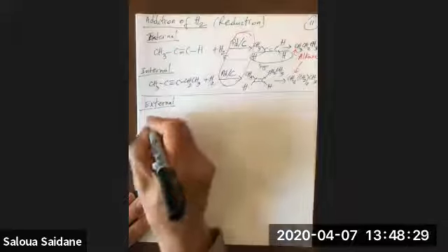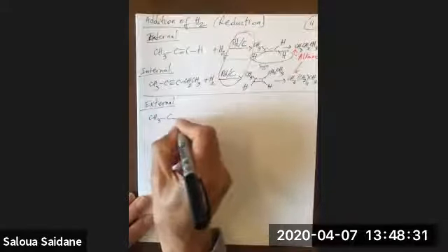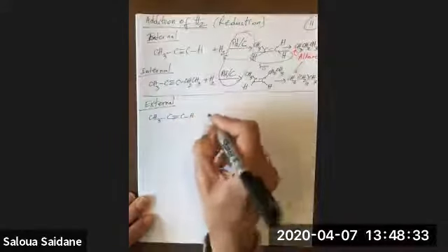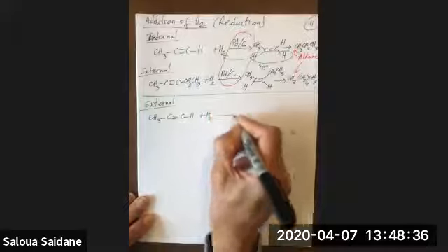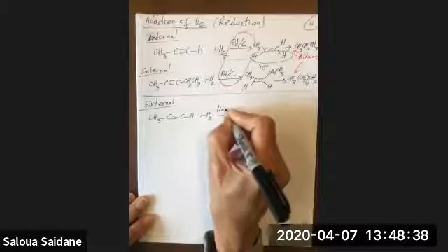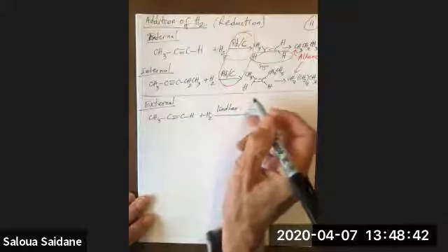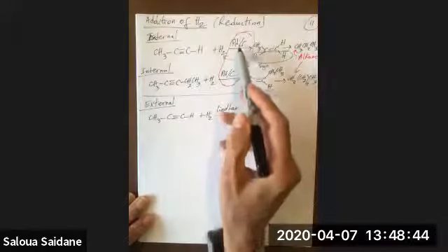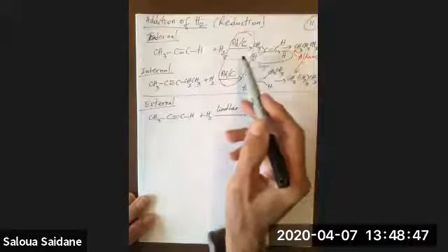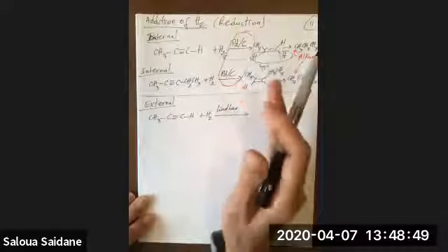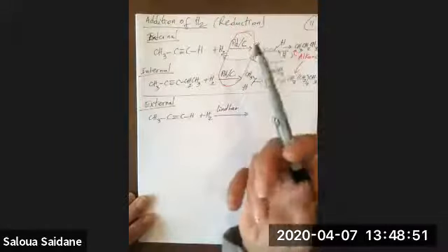So let's try it. So if I have CH3, CH, and you use hydrogen in the presence of Lindlar. So what did Lindlar do? He kind of made that surface dirty. So he covered up a little bit of that palladium. So not all of it is exposed, not all of it is pure.